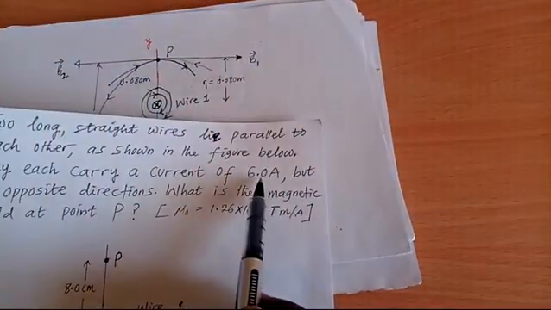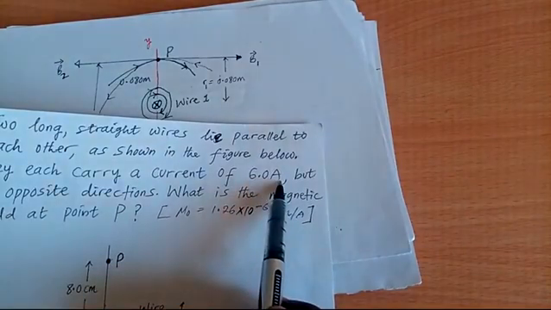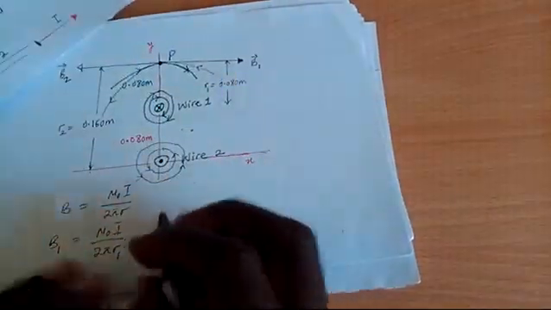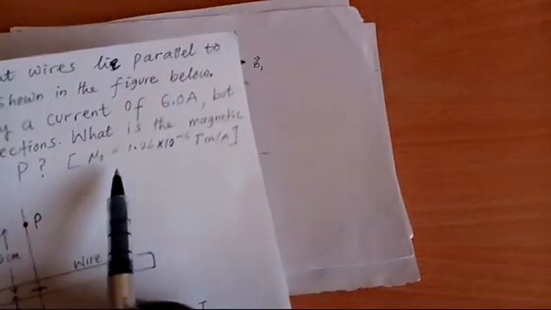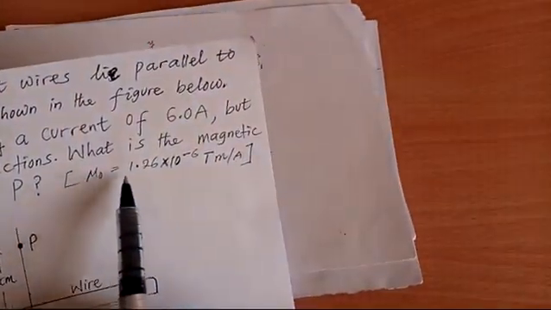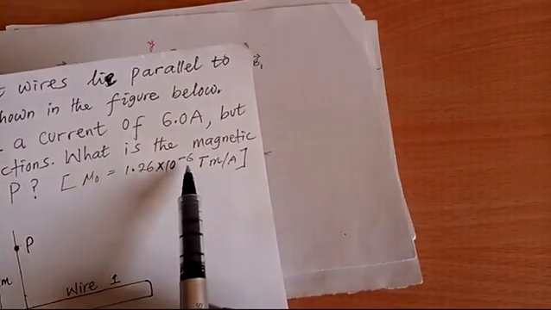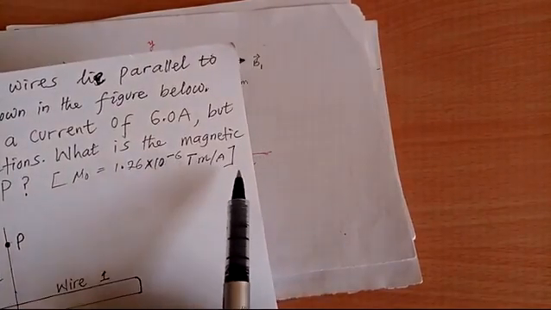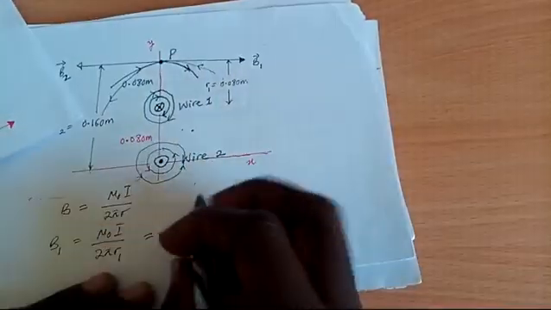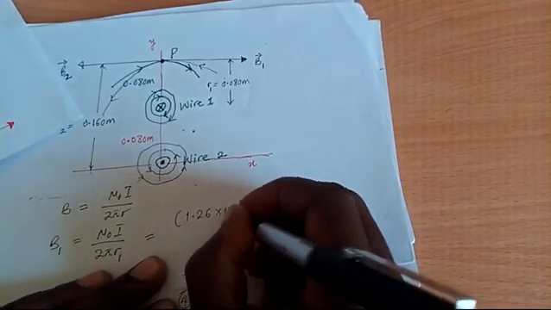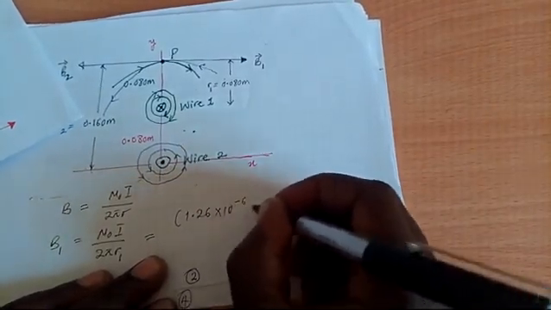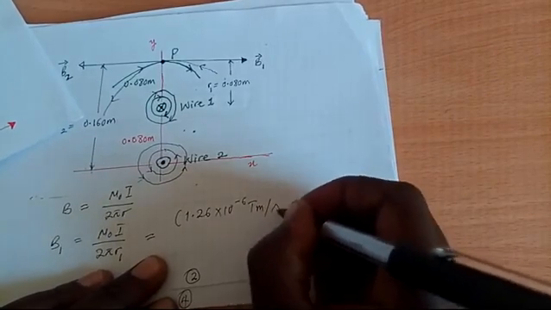From the problem we can see that the current is 6.0 ampere. So we say this is equal to, we start with mu naught, which is given as 1.26 times 10 to the power of negative 6 Tesla meter per ampere.